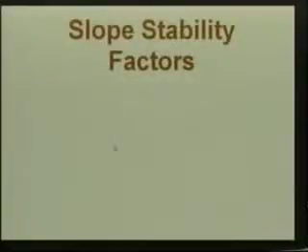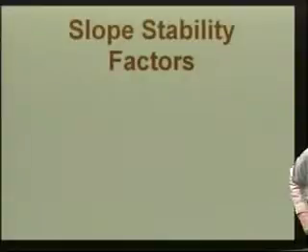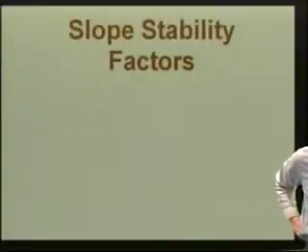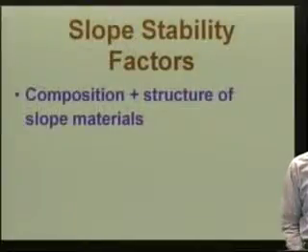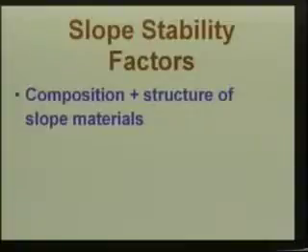All right, now what's going to determine how stable a slope is, such that once it comes to a point of instability, it begins to move? So let's go through a list of slope stability factors with this slide. The composition of the material at the surface of the earth and the structure of the slope materials come into play.